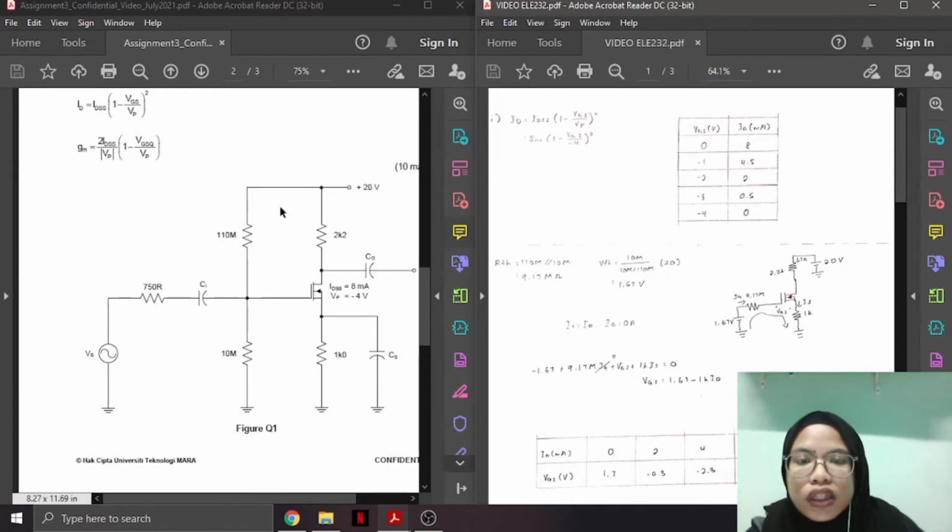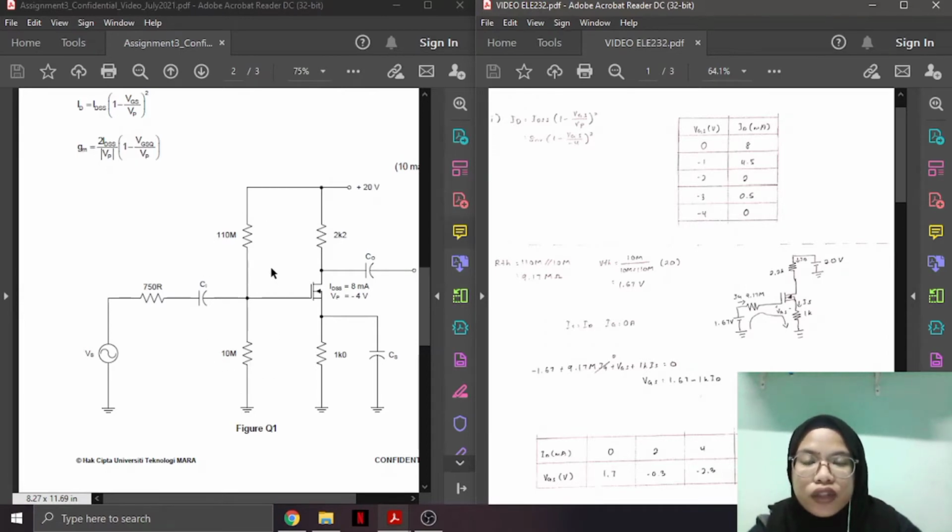Okay, what we can see from this figure Q1 is that the 110 mega ohm and also the 10 mega ohm are in parallel together. For these two resistors, we need to use the Thevenin theorem.